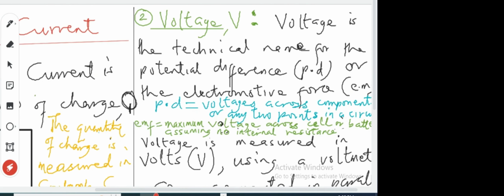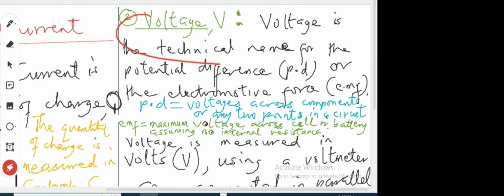Then voltage. I will define voltage now and then still define it in a broader way later. You can think of voltage as the ability of the power source to push out charge. In fact, voltage can be seen as the amount of push given to the charge.